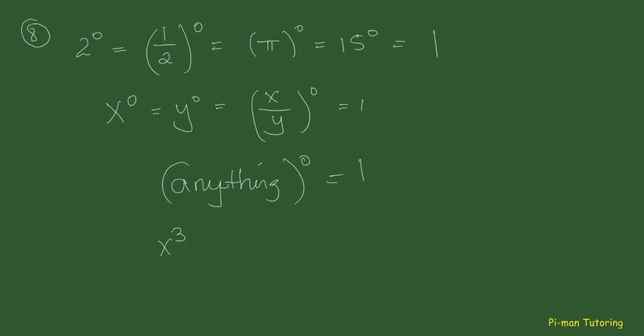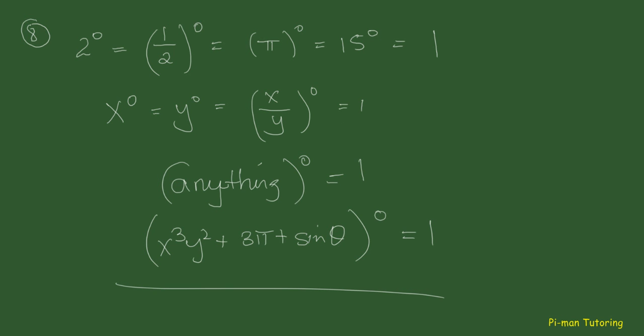X cubed y squared plus 3 pi plus sine theta, all to the power of 0, is 1. Don't forget that. Okay, that concludes this video, and in the next one we will do lots of examples.